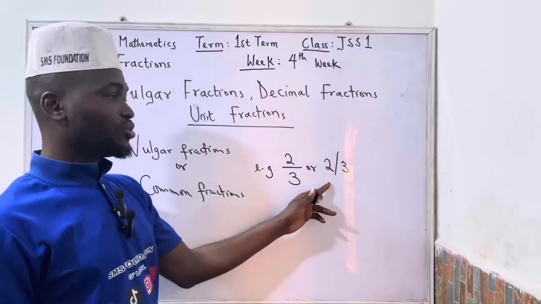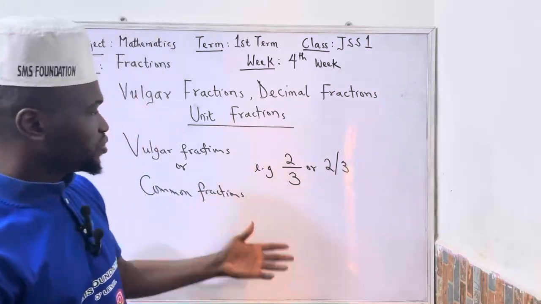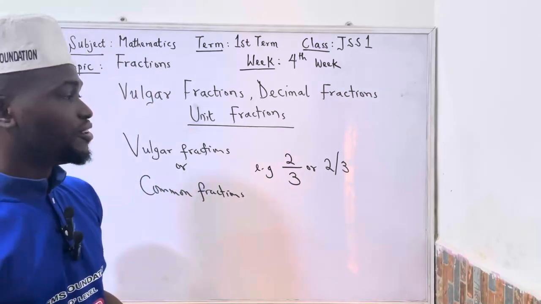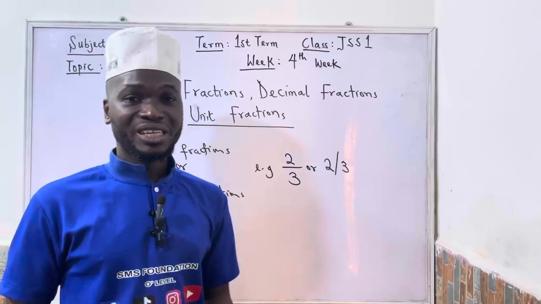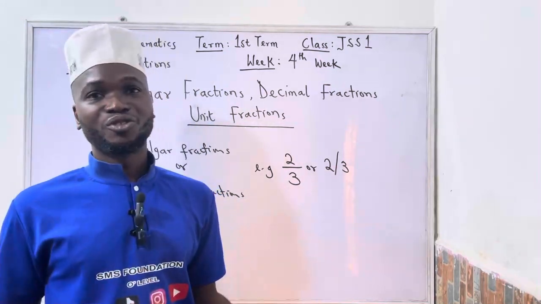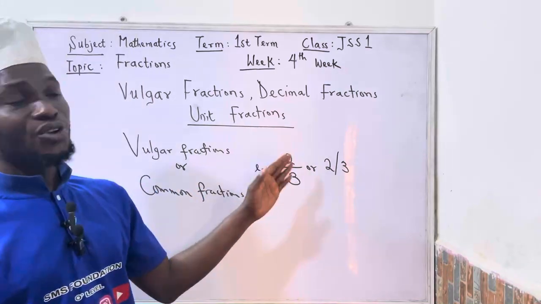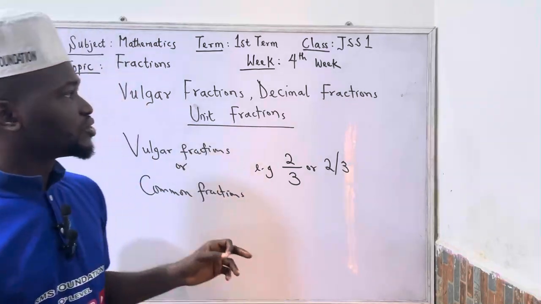This is still also 2 over 3. They mean the same thing. So fractions like this are called vulgar fractions. You can give so many examples of them: 8 over 9, 10 over 20, 5 over 8, 7 over 12, so many. They are all called vulgar fractions. The video is not going to be long.